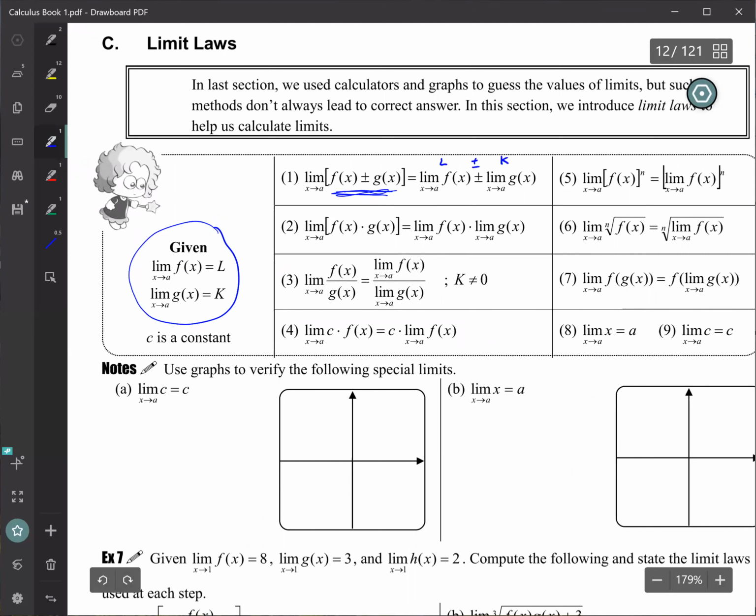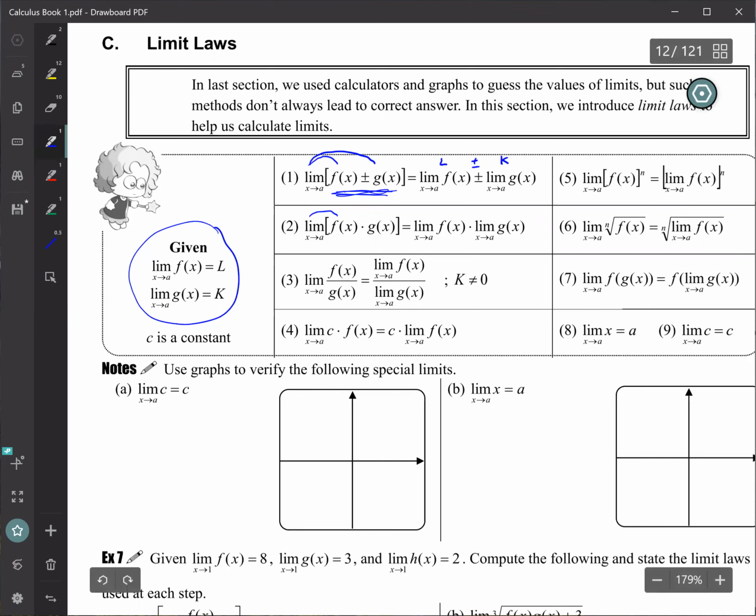Because the answer for f is L, and the answer for g is K, you just add the two answers up. So basically it's saying for add and subtract, you can just split, sort of distributing, if you think of it like that. Multiplying, same thing.